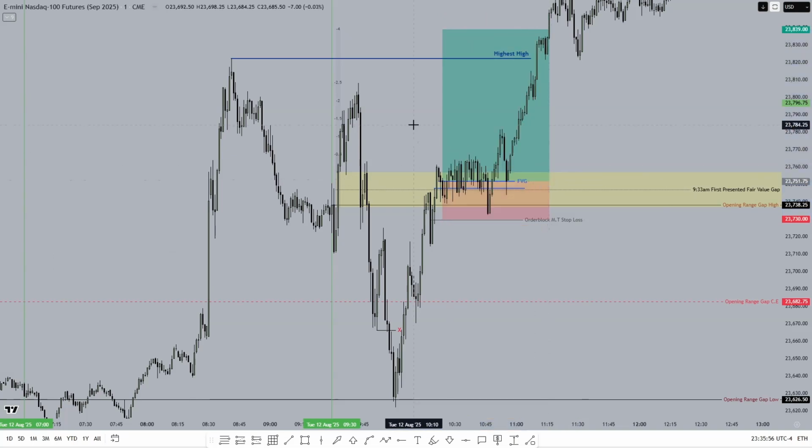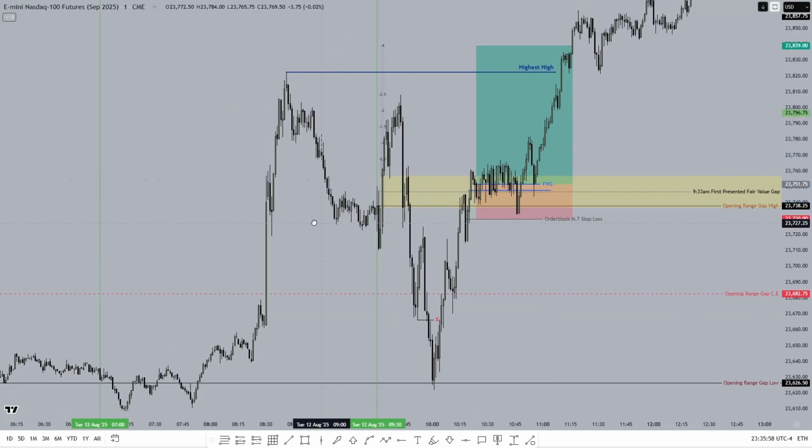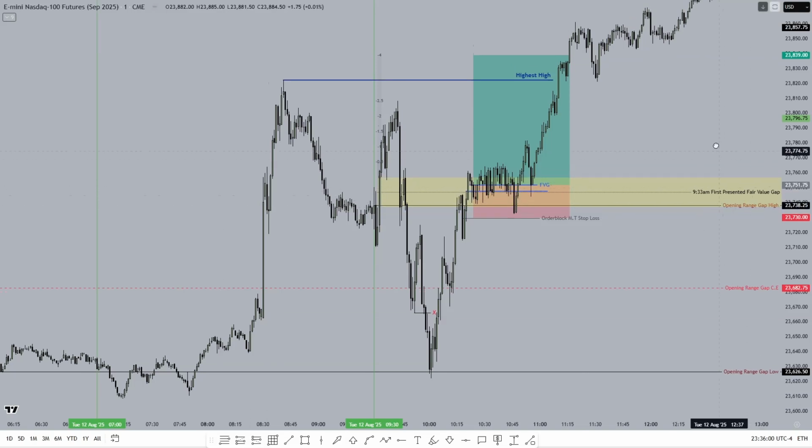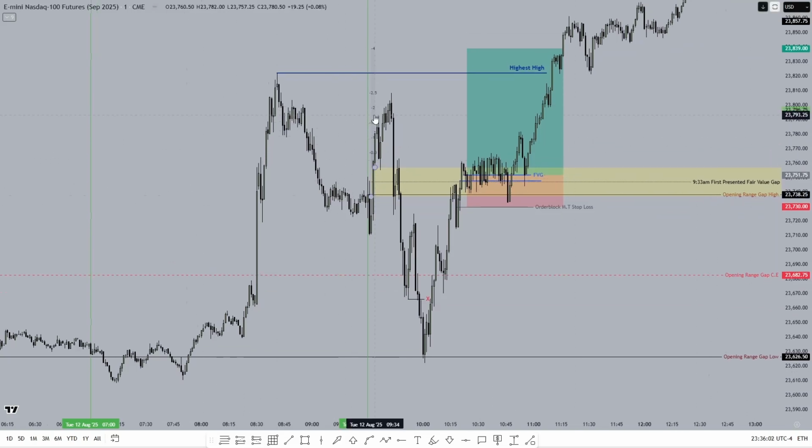Now without all the extra details, what do we have? Just a quick rundown. Getting rid of this and this. This time window here, from 7 to 9:30, we have a bullish bias and we're aiming for these highs. This is the highest high. At 9:30 a.m. we created a regular trading hour gap and we retraced into it, also creating this first presented fair value gap here.